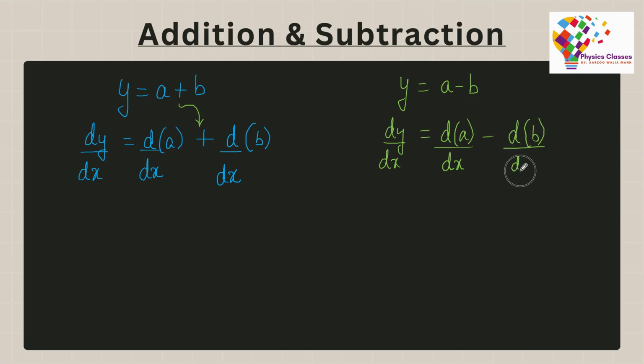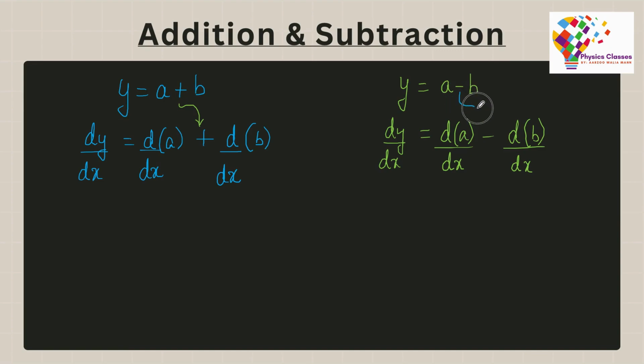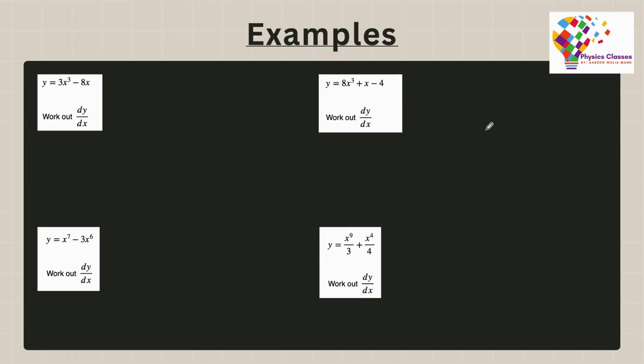Now let us pick up some examples here. I have a question over here: y is equal to 3x cube minus 8x. So these are two quantities, 3x cube and 8x, and there is a negative sign in between. If I want to calculate the differentiation of this function, if I want to do dy by dx, then I will have to separate out the 3x cube and 8x. So I'll take d by dx of 3x cube minus d by dx of 8x.